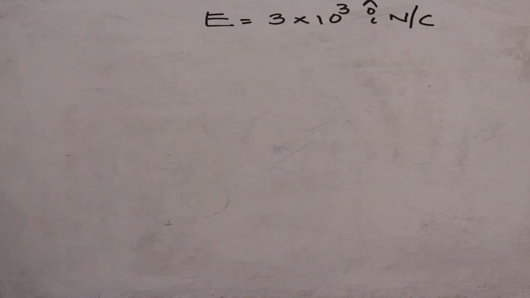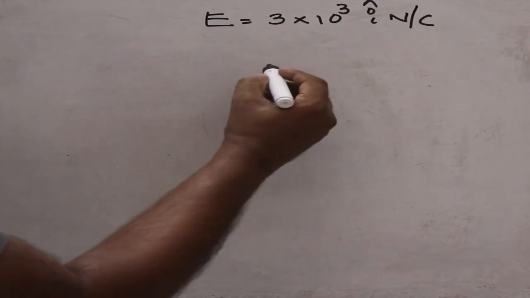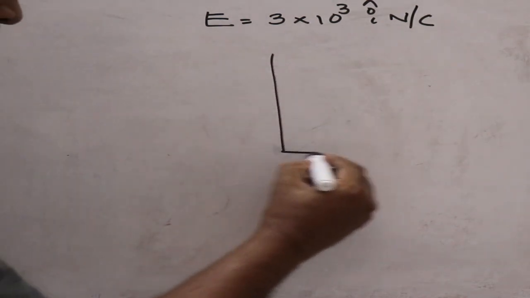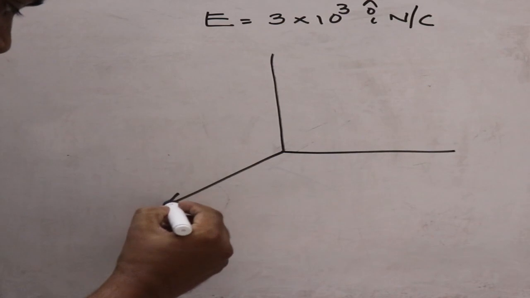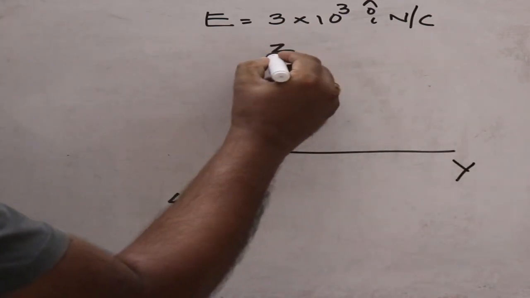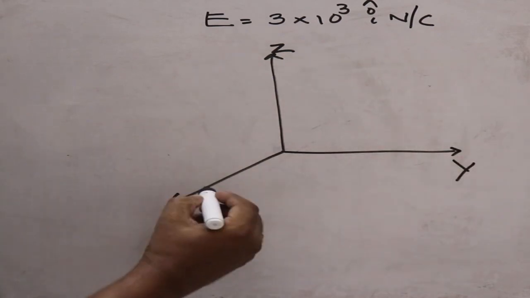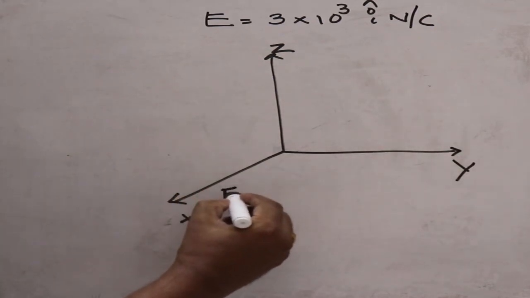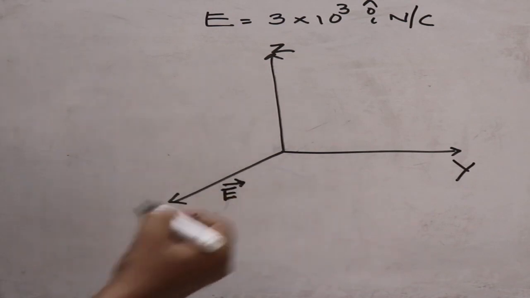It means that the electric field is acting along the positive x-axis. The i cap represents the direction of the electric field. So what is the first question? We need to find the flux of the field through a square of 10 centimeter on a side whose plane is parallel to the YZ plane.